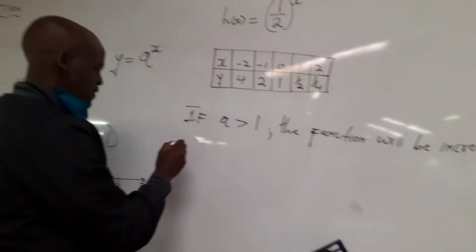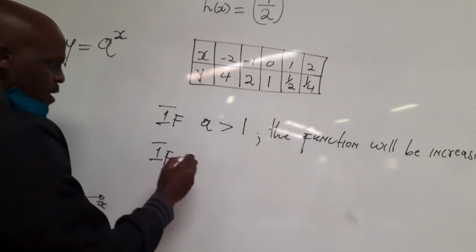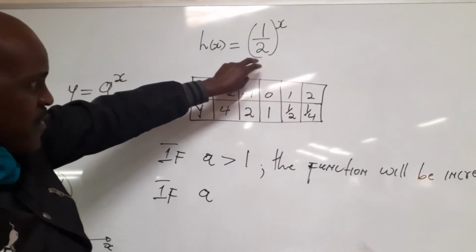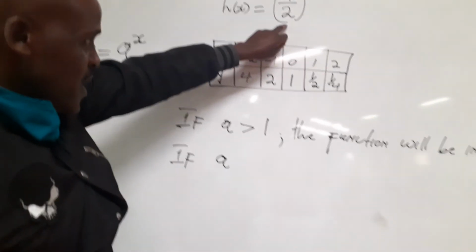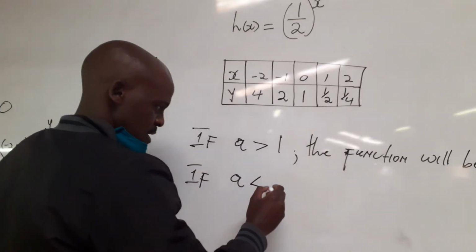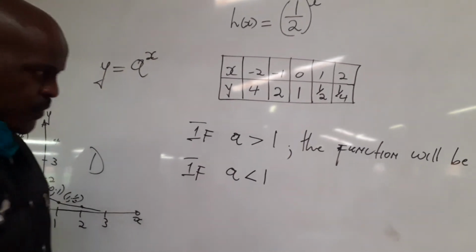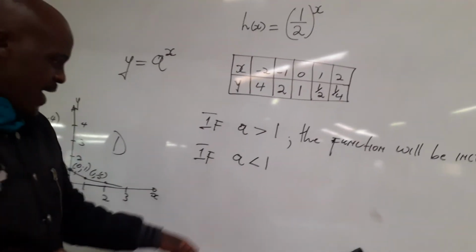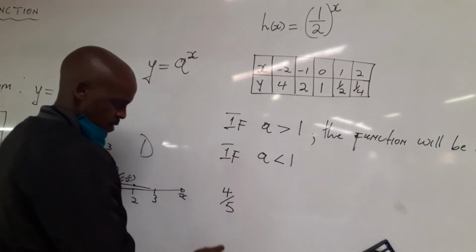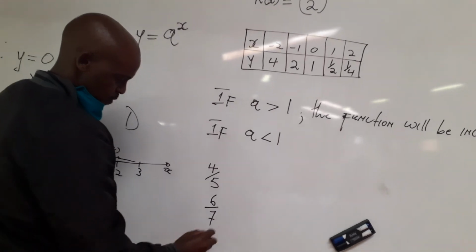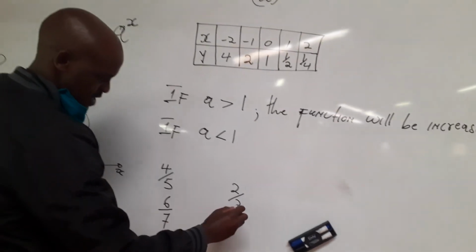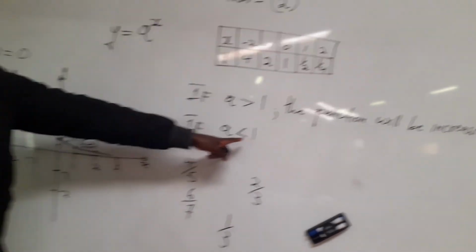Whereas if A, remember this is our A, the base, is less than 1, any fraction less than 1, 4 over 5, 6 over 7, 1 over 3, 2 over 3, all these values are less than 1.